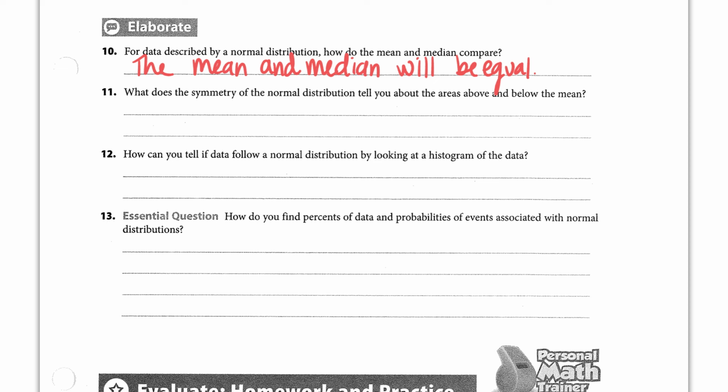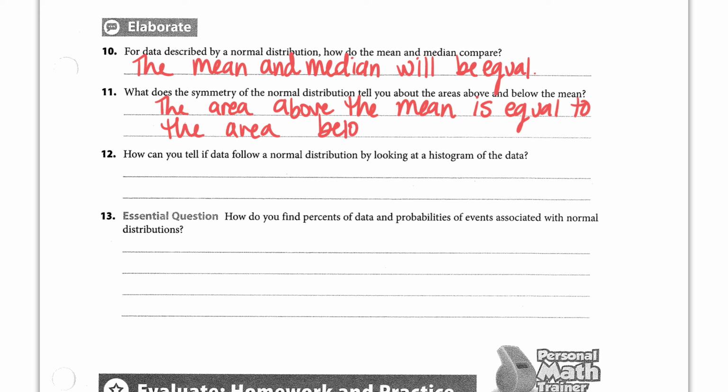Well, the area above will be equal to the area below. Or you can think of them as having an area of half, or 50% of the area is above and 50% is below.